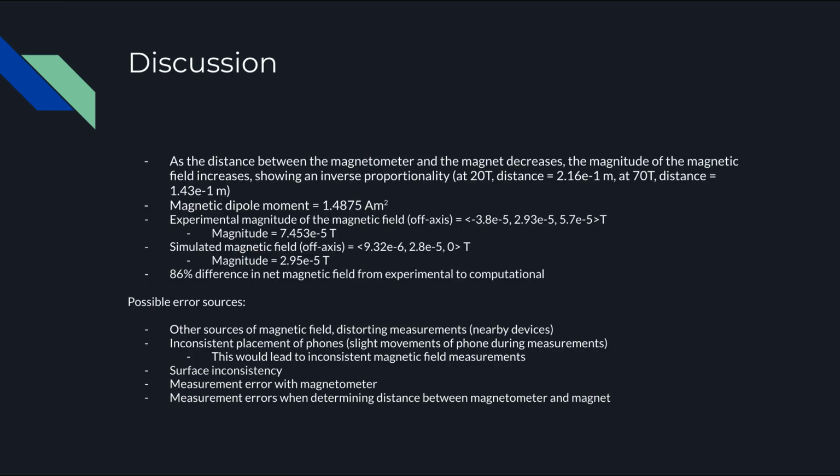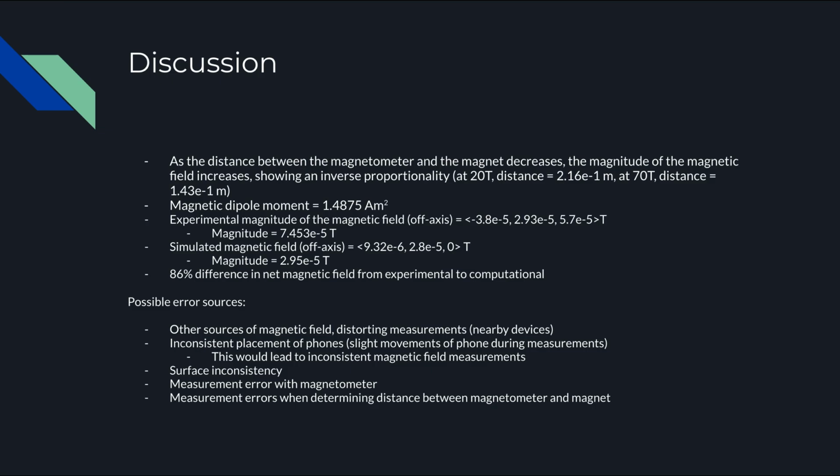As for the discussion, as the distance between the magnetometer and the magnet decreases, the magnitude of the magnetic field increases, showing an inverse proportion, showing the following data. Magnetic dipole moment is equal to 1.4875 Am squared.